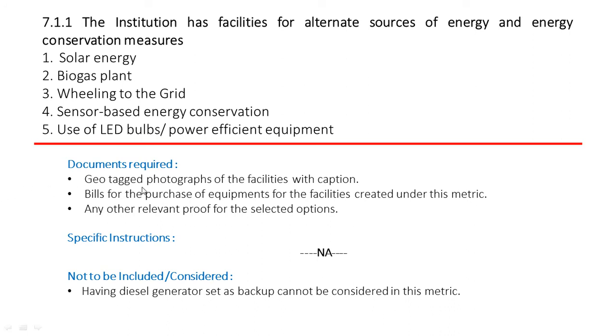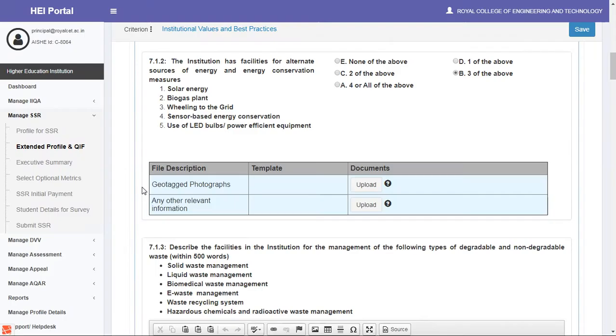In such a situation, you have to host these photographs on your institutional website and provide the URL in this metric. This also has been explained in the guidelines video where we have said how to manage data which is beyond 5 MB. So kindly go through the guidelines video.